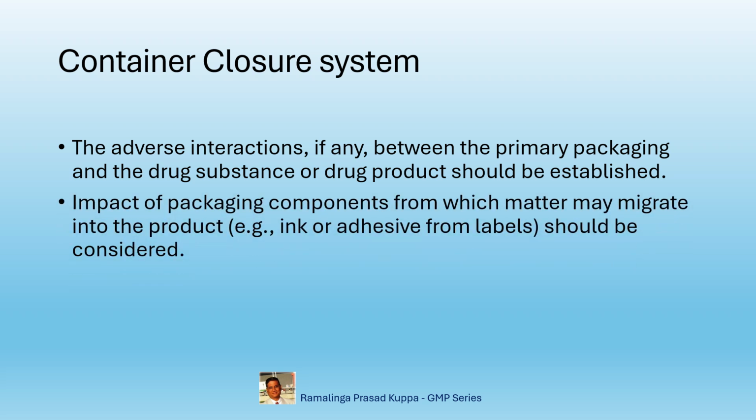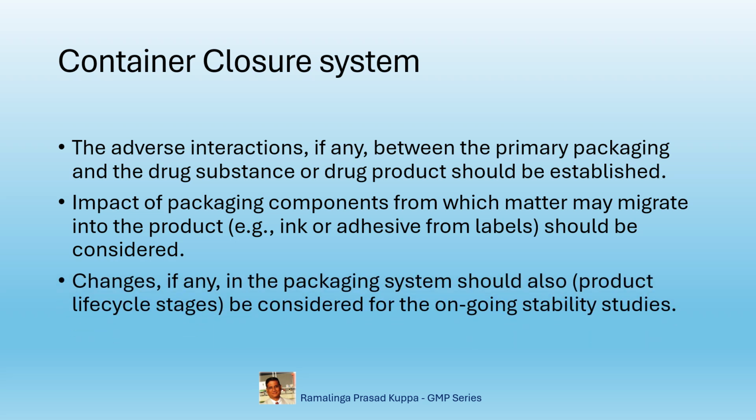The impact of packaging components from which matter may migrate into the product, for example ink or adhesive from labels, should be considered. The evaluation should extend to the ink used for label printing and the adhesive used to affix the label.